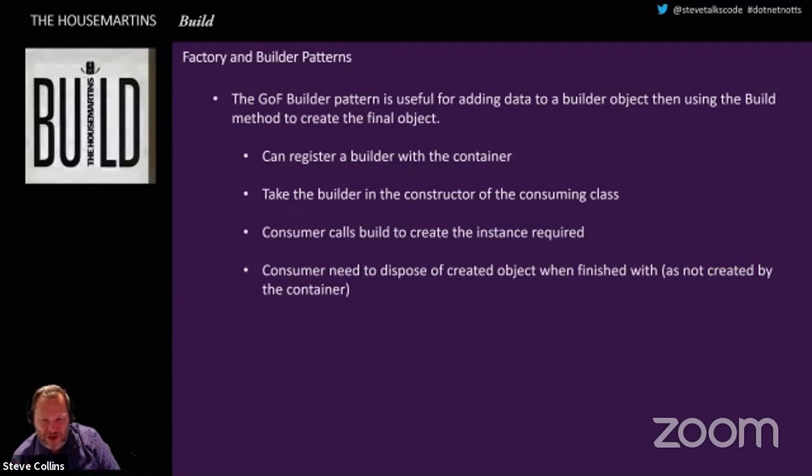Once you've got that, you can expose the builder, the consumer can do all the builds, and then call build at the end of it. And it's that build process that will return the class that's got all the properties on there. So that way you can encapsulate it all within the builder.